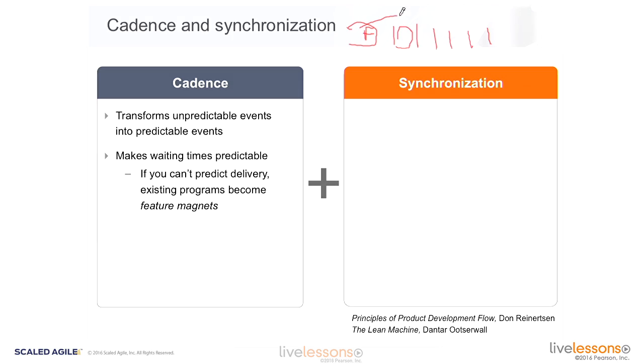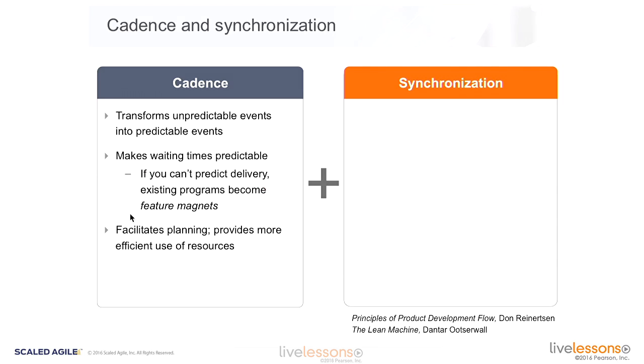I can put it in that one. Everybody goes, yeah, as long as that's a higher priority feature than the other one we have planned, we're good to go. So that avoids the fact that these programs, especially these late ones, become feature magnets. The giant sucking sound you hear is all the future features strolling right into the current deliverable and further delaying that deliverable. Cadence facilitates planning, provides more efficient use of resource.